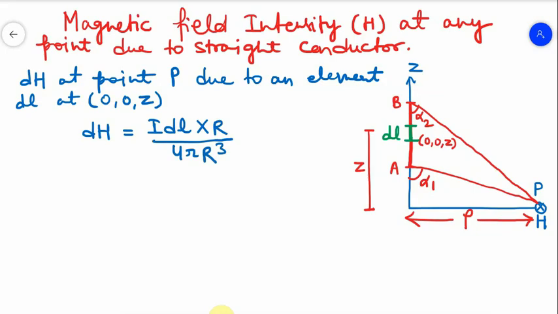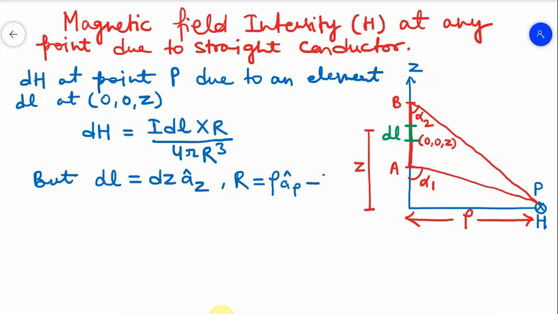But here what is dl? dl is along the z axis, so this dl will be dz in the direction of az. What is R? R will be rho a rho minus z a z. How are we calculating this?